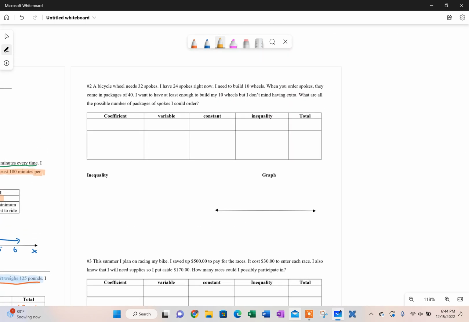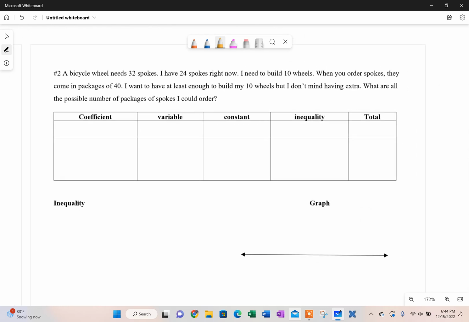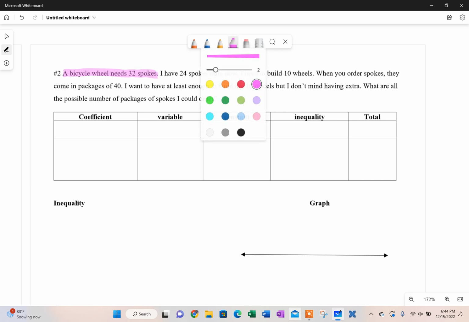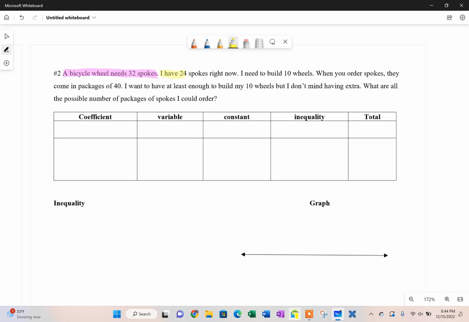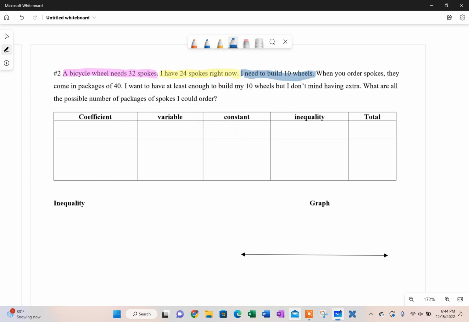All right. Now, this question here, it says, a bicycle wheel needs 32 spokes. That sounds like it's probably pretty important. I have 24 spokes right now. I need to build 10 wheels. Well, I'm not sure if that's going to be important, but I'll highlight it all the same.